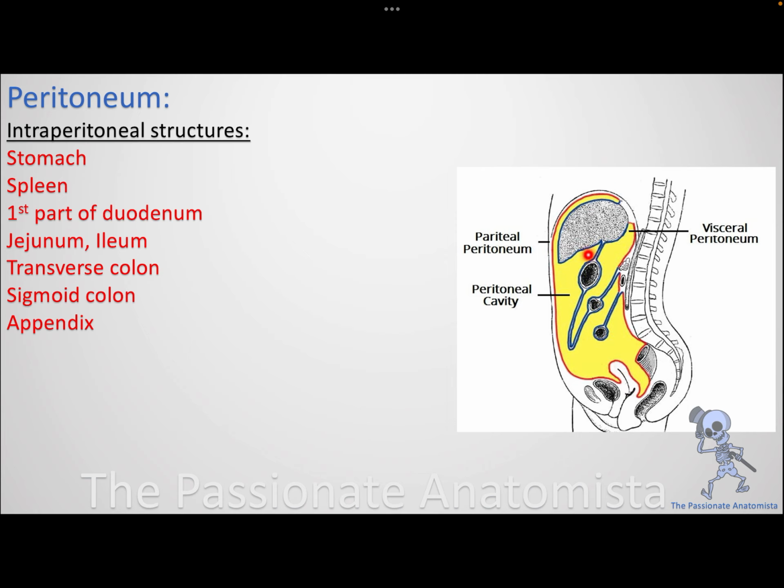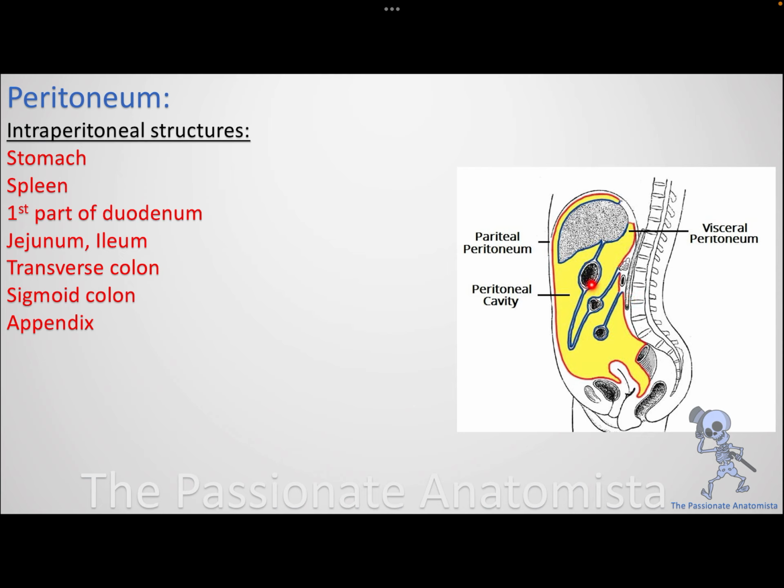At the end of the day, if your organ gets successfully into the double layers, it will attain a ligament, and that will suspend it to the nearby structure or the posterior abdominal wall.